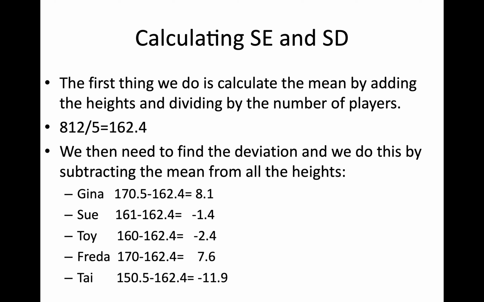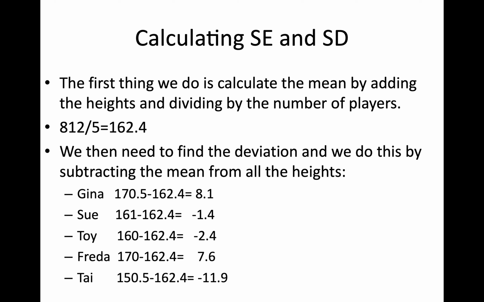The first thing we do is calculate the mean by adding the heights and dividing by the number of players. Then if we add them all together, it's 812. We divide that by the number of players, which is 5, and we get a mean of 162.4.